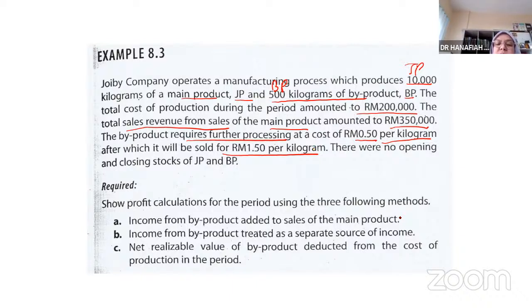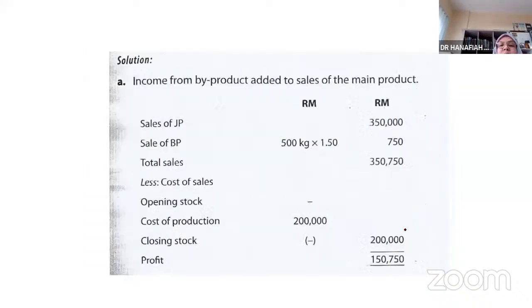Let's say we use the methods: sales added to the main product, sales as a separate source of income, and deduction from the cost of production. Let us look at the example. Very simple here. Sales of joint product is 350,000. Then sales of byproduct is 500 kg times 150, which is 750.